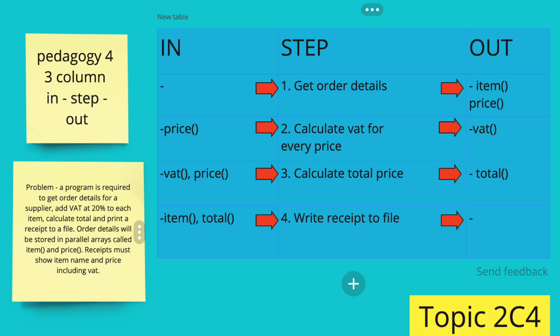And then your total is going to be coming out of that as well. And before, item and total would obviously go into step 4. So I'll put them in here just now for us. So our item array and the total array.